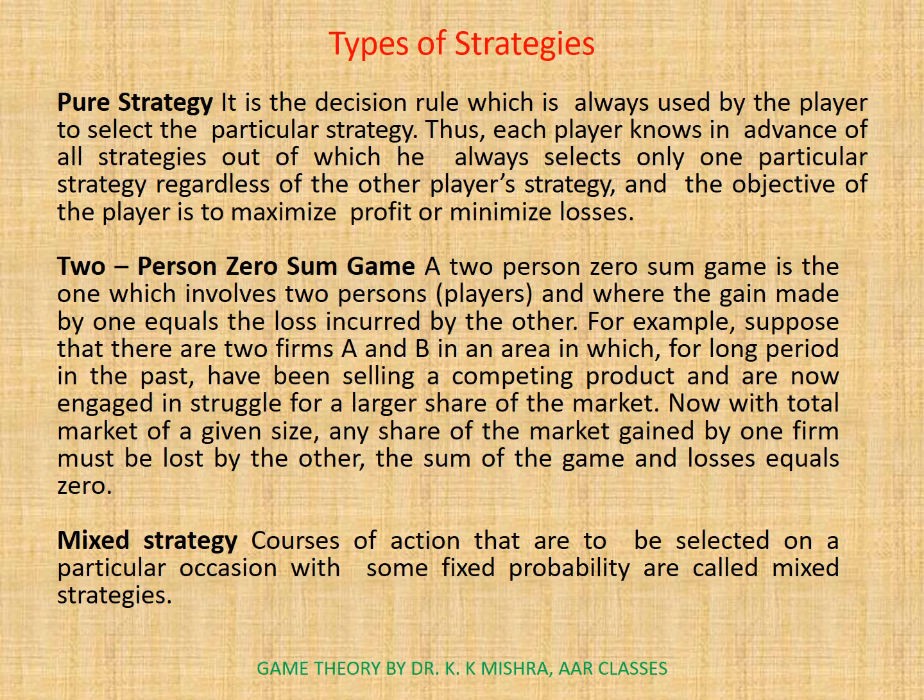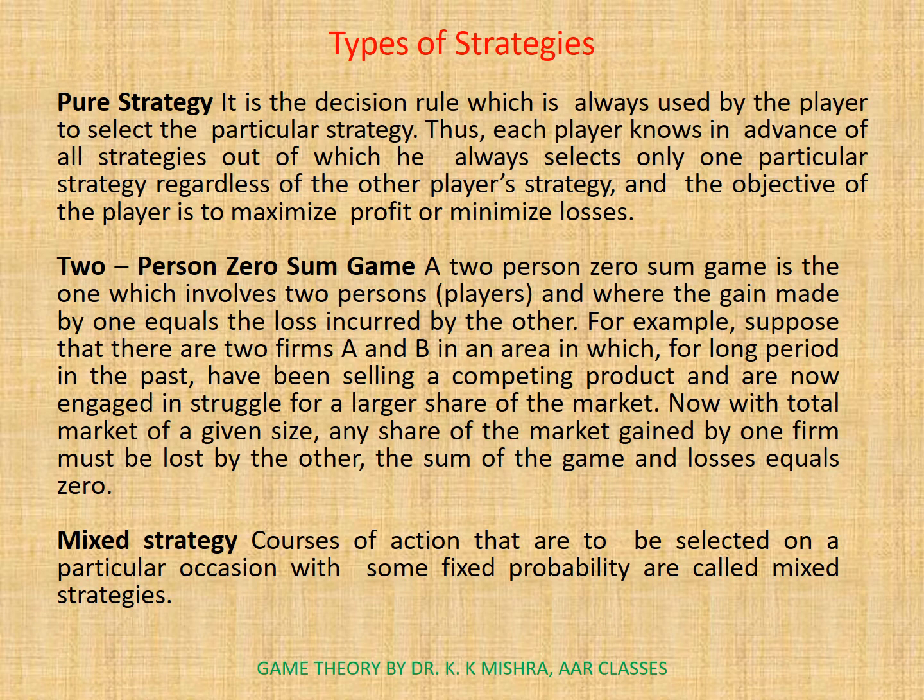Two-person zero-sum game. Again, here it is being talked about in a broader sense. A two-person zero-sum game is one which involves two persons, players, and where the gain made by one equals the loss incurred by the other.